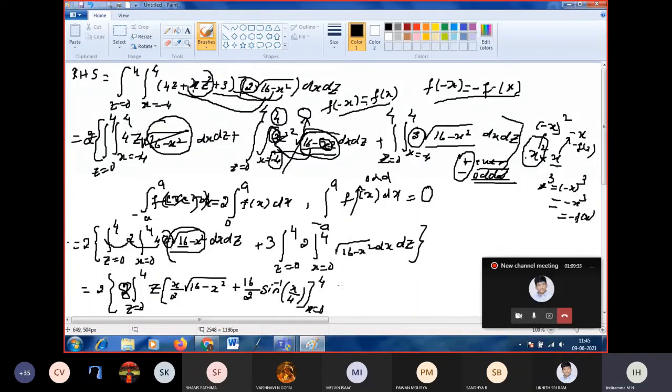Correct? So plus dz, plus here 3 twos are 6. So you can write outside 3 twos are 6, integral z is equal to 0 to 4. Here also the same integration. Correct? Same thing you write here.